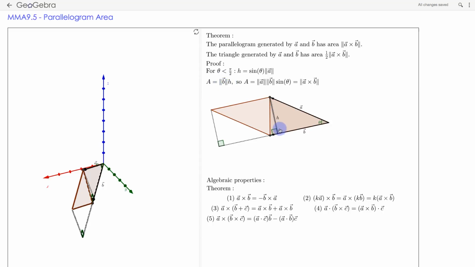So the area of this dashed rectangle is just the product of the length of b and h. So in other words, the area is equal to the length of a times the length of b times sine of theta, because this h can be rewritten in this form, right? And this number is, as we have seen earlier, just the length of this cross product.